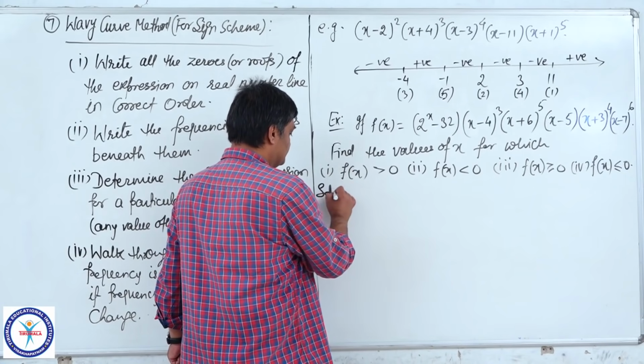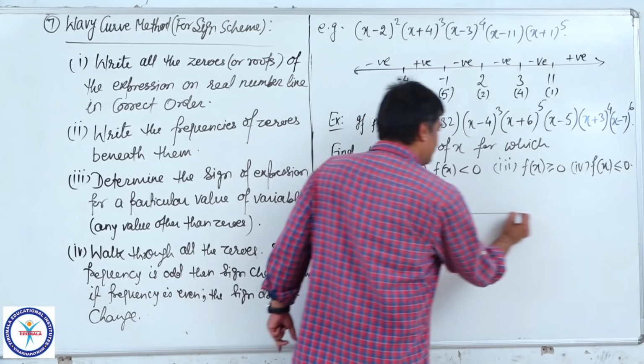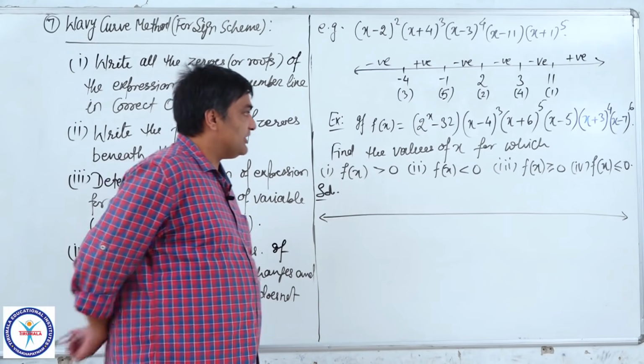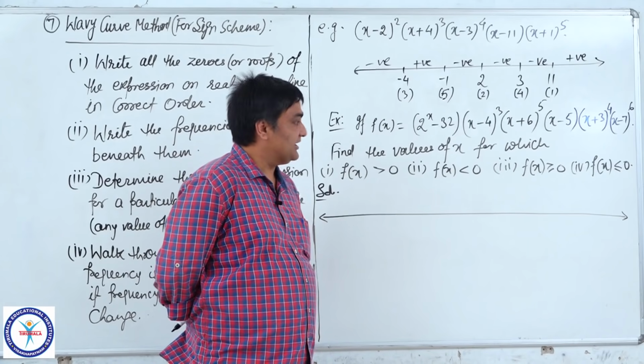Let us see how. First step, write all the zeros on the number line. Which zero is on the leftmost side?